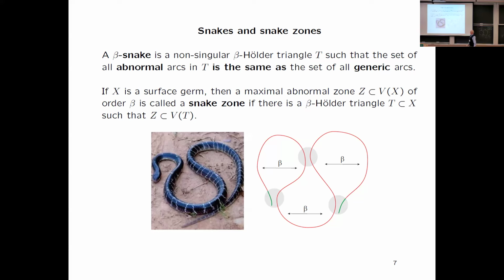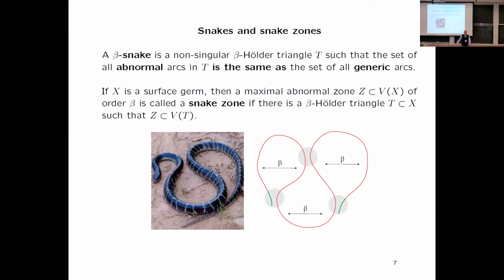Again, on this plot, you see why this arc is abnormal. There is a normally embedded triangle, this one, and another normally embedded triangle, this one, but the union is not normally embedded. The outer distance of the whole thing has exponent beta, but the exponent here is higher than beta.